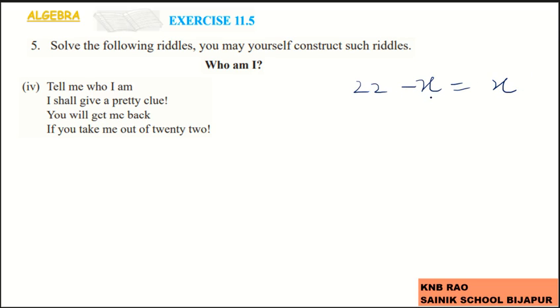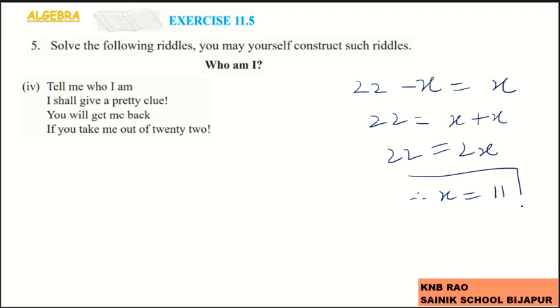That means 22 minus x equals x, which means adding x on both sides, it becomes x plus x, that is twice x equals 22, therefore, x equals 11. 11 is the number, when taken away from 22 gives you 11 again.